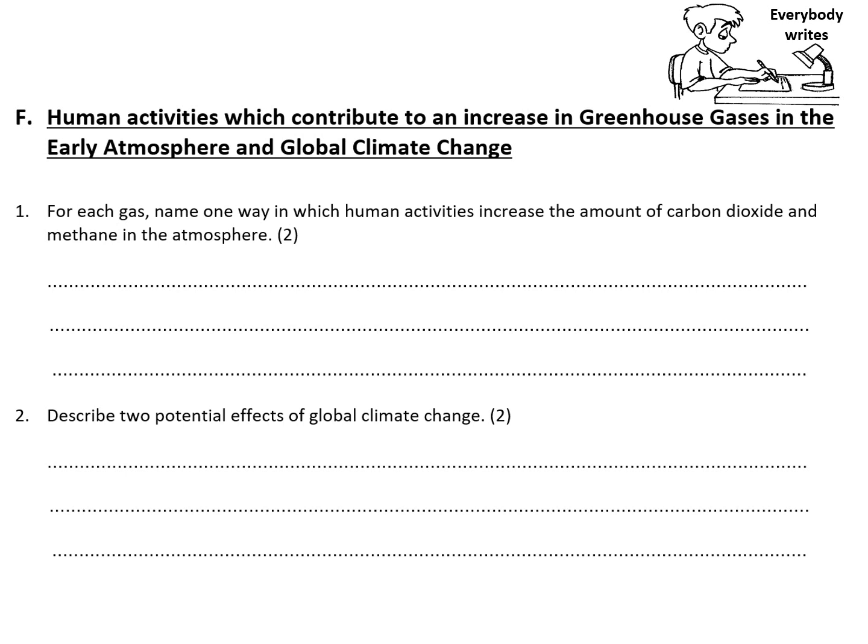ways in which human activities increase the amount of carbon dioxide and methane, and so for carbon dioxide, you can have burning fossil fuels, or you could have deforestation.